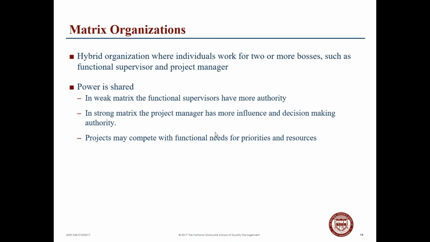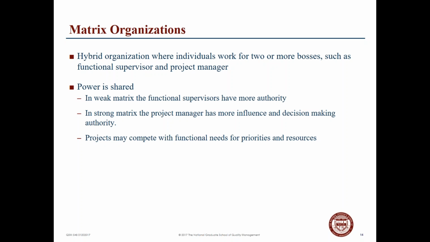Then we have what we call matrix organizations. These are hybrids where in some cases individuals may have a dotted line to two or more bosses. They may have a functional supervisor for their day-to-day tasks and also have a responsibility to a project manager. Power is generally shared. If it's a weak matrix, the functional supervisors have more authority. In a stronger matrix, the project manager is the one who has the greater ability to influence decision making.